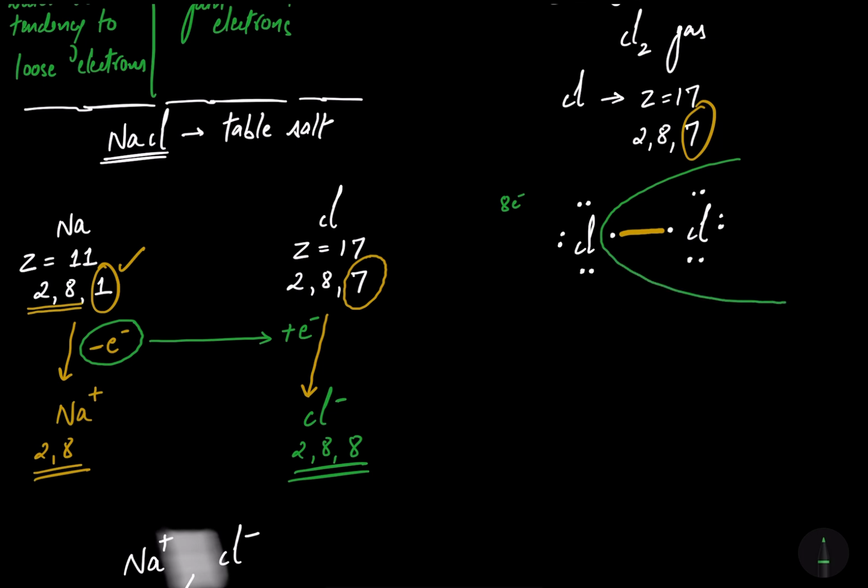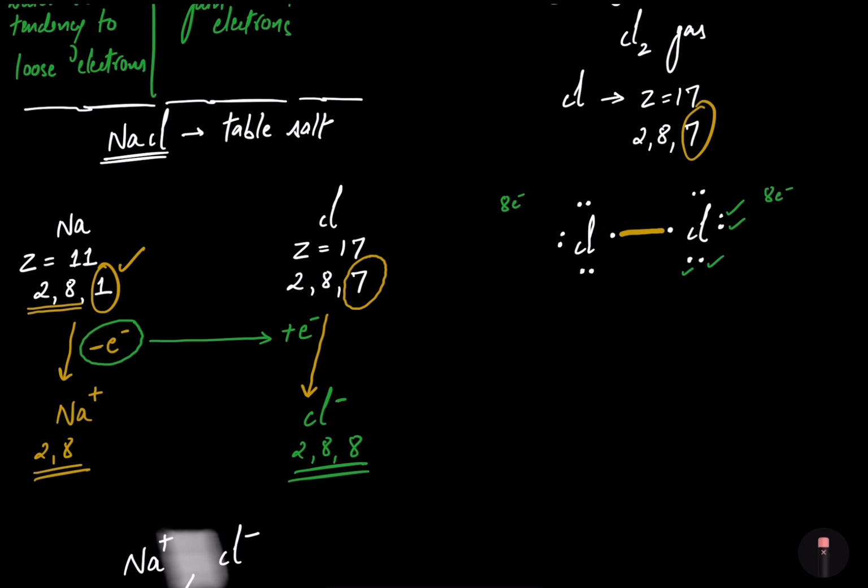Now let's count the number of electrons around the second chlorine atom: 1, 2, 3, 4, 5, 6, 7 and the 8th one. The 8th electron has been shared by the first chlorine atom to the second chlorine atom. So again we got 8 electrons for the second chlorine atom. That means the octet has been achieved by both chlorine atoms after sharing one electron with each other.